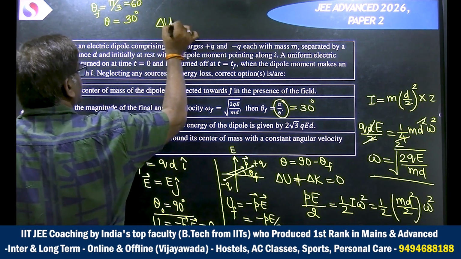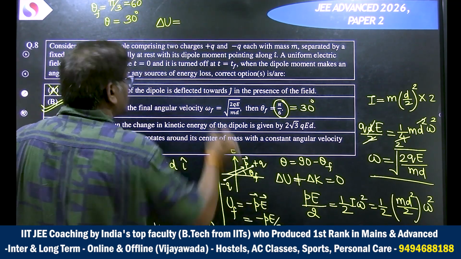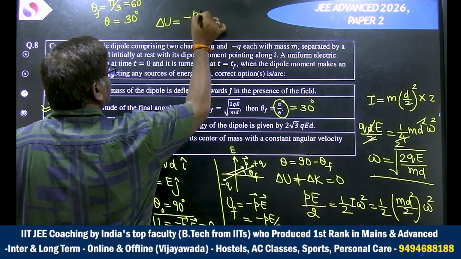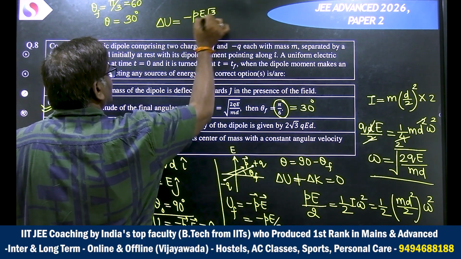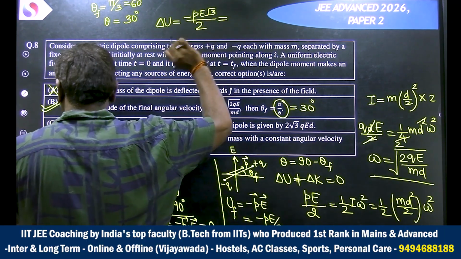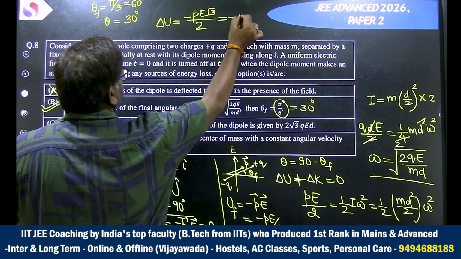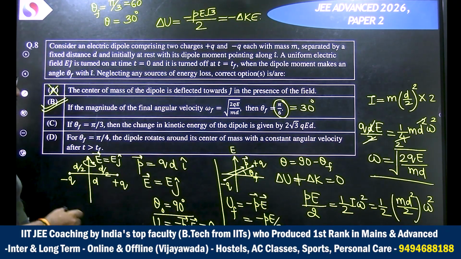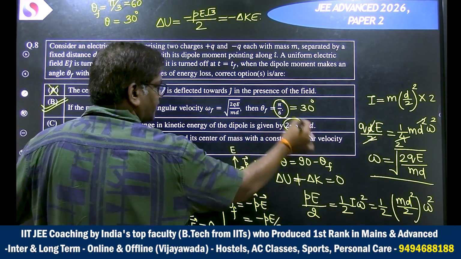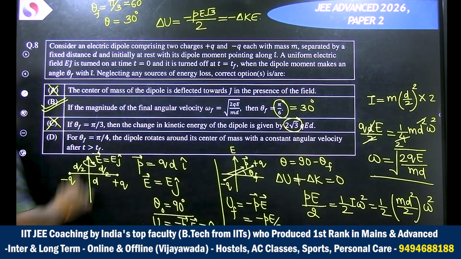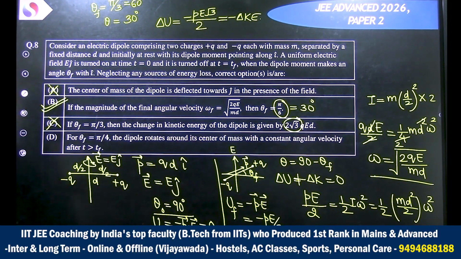This time the change in potential energy will be 0 minus PE root 3 by 2, which is the gain in kinetic energy. So here it is PE root 3 by 2, which is not matching the 2 root 3 written here. The numerical values are not matching, that's why option C is wrong.